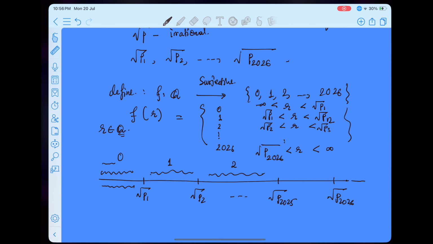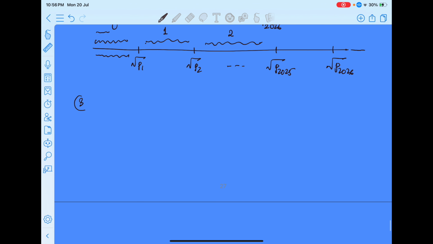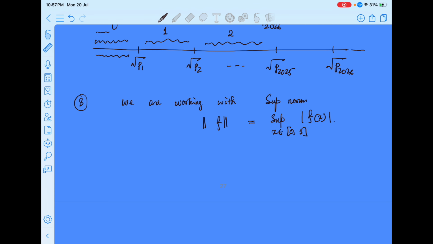We are working with the sup norm, so the norm is the supremum over x in [0,1] of |f(x)|.